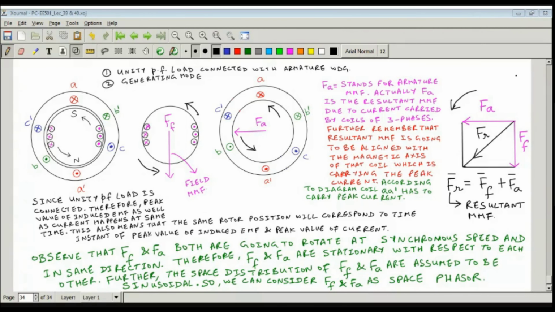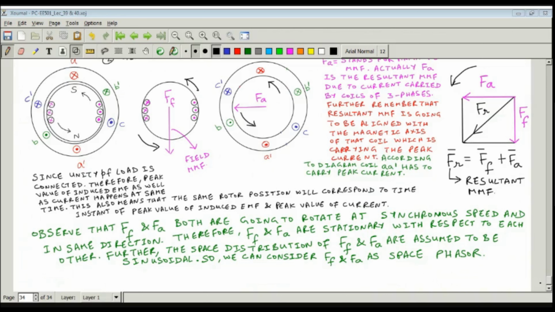So for generating action, we are going to find it like that. I was saying in the question how to find out whether the synchronous machine is working as a motor or generator by just looking at the phasor diagram. For generating action, FF is going to lead FR.